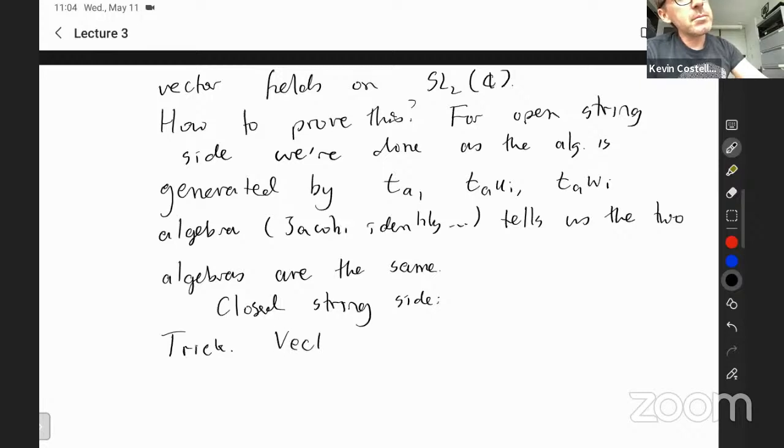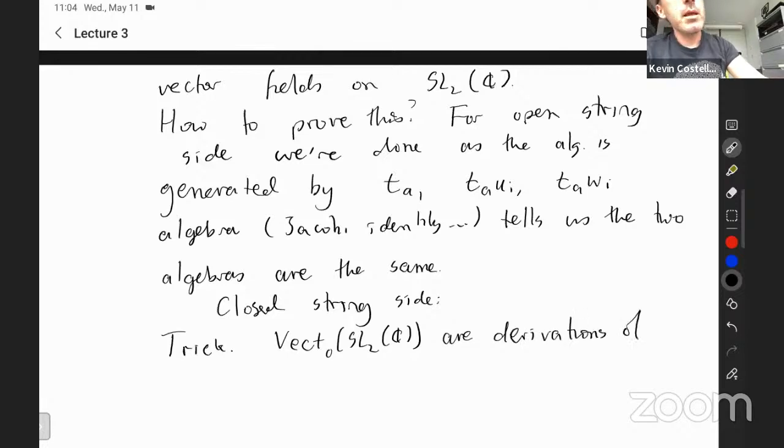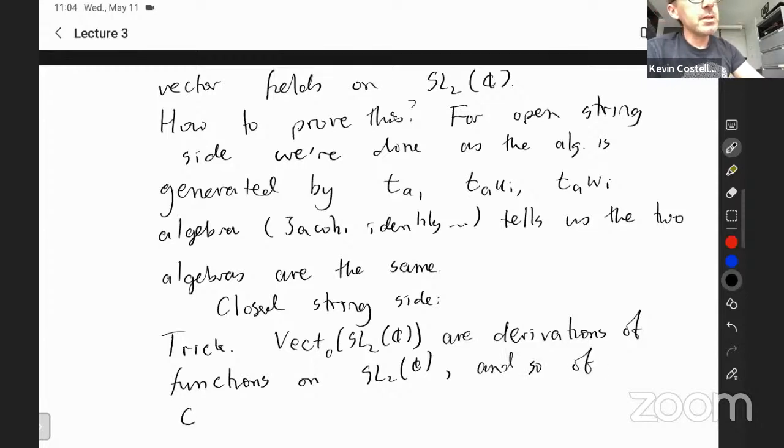Vector fields on SL2C are derivations of functions on SL2C. And so I'm going to use this symbol for functions. And so there's symmetries of this Lie algebra.